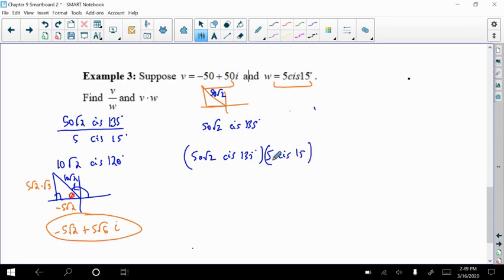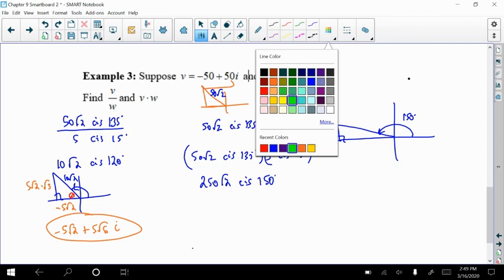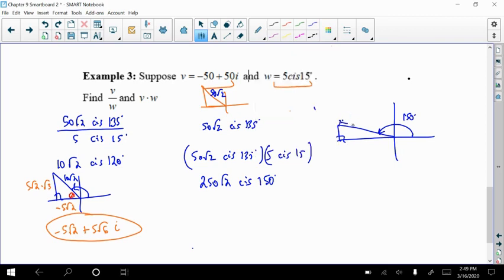And so I'm going to multiply 5 times 50 to get 250 root 2 cis, and then we just add 135 and 15 to get 150 degrees. So now 150 degrees is a reference angle of 30, that's a little exaggerated, but it's okay. A reference angle of 30 degrees in quadrant 2. My hypotenuse is 250.